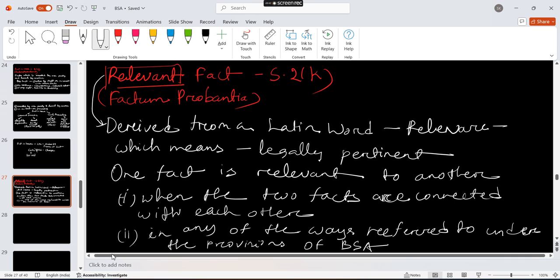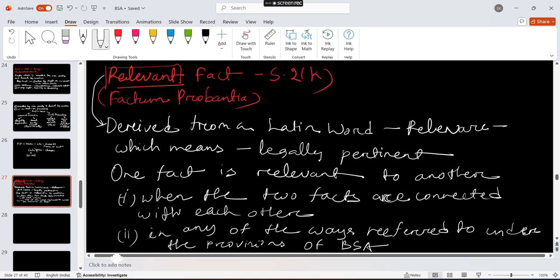It is there from section number 3 to section number 50.